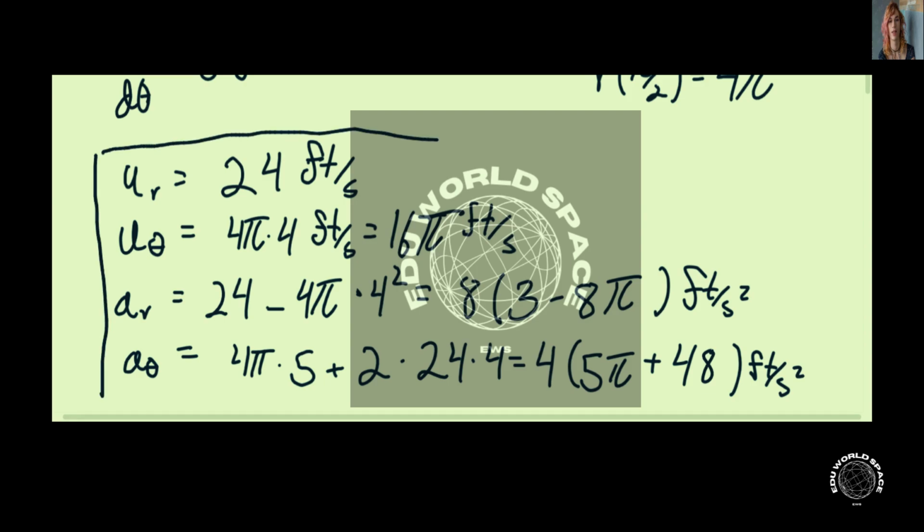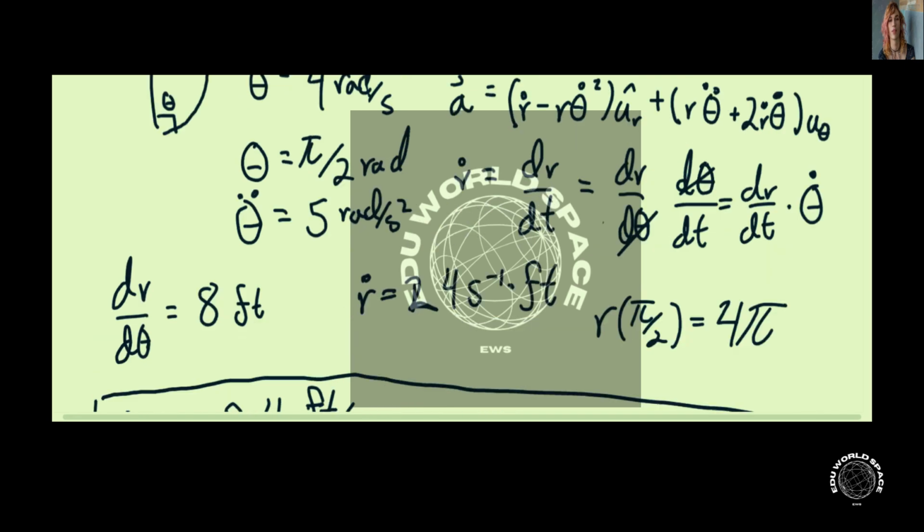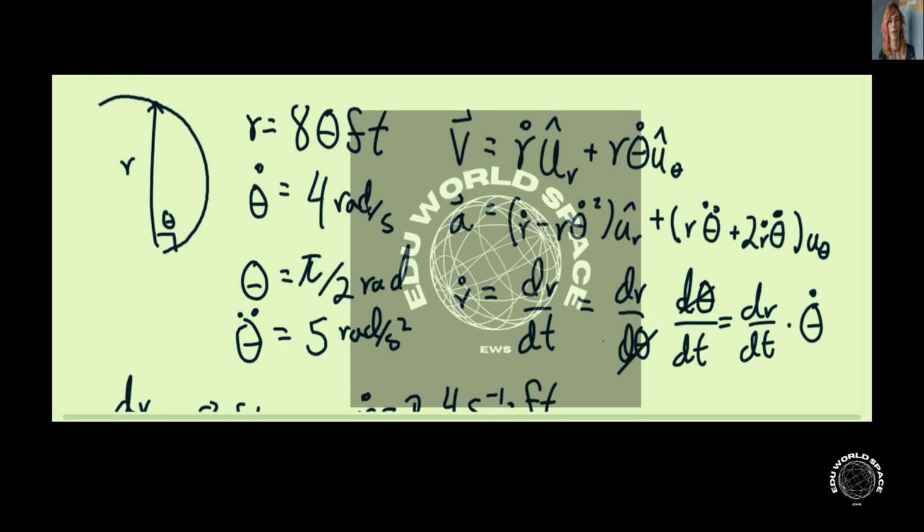Next, we could sketch these out. We'll draw the velocity in green, and 16 pi is going to be greater than 24. So the transverse component will be greater than the radial component by about a factor of 2. That's r theta, and this is v, and we'll draw the acceleration in blue.